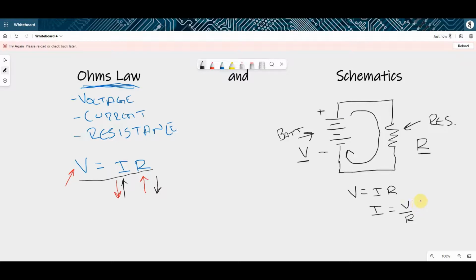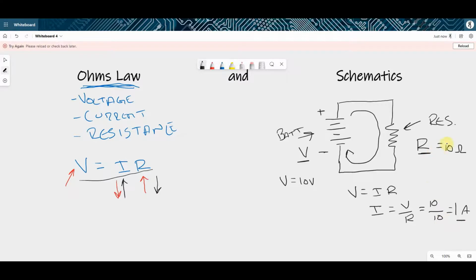So let's just make some real easy terms here. Let's say our voltage, and this is just hypothetical, I'm just using easy numbers, is 10 volts. And we're going to use a resistance that's simply 10 ohms. So if we plug these values in, we have 10 volts divided by 10 ohms, and we get 1 amp.